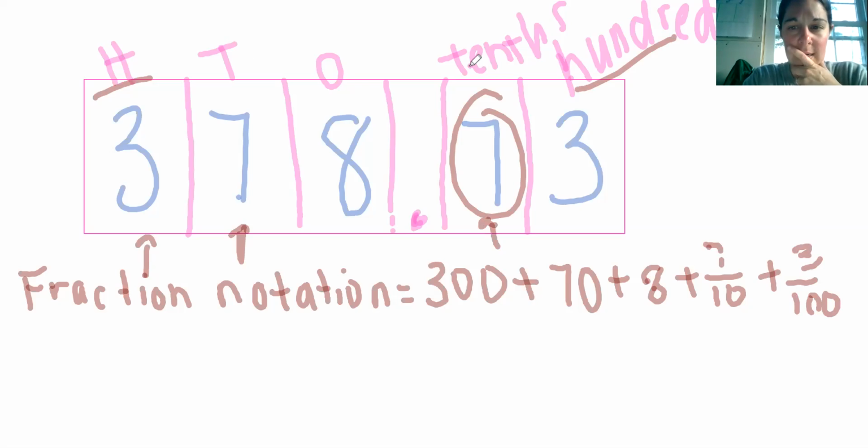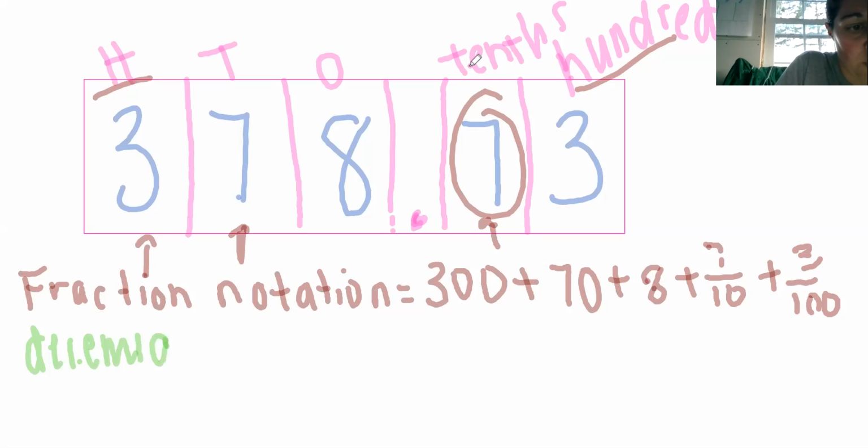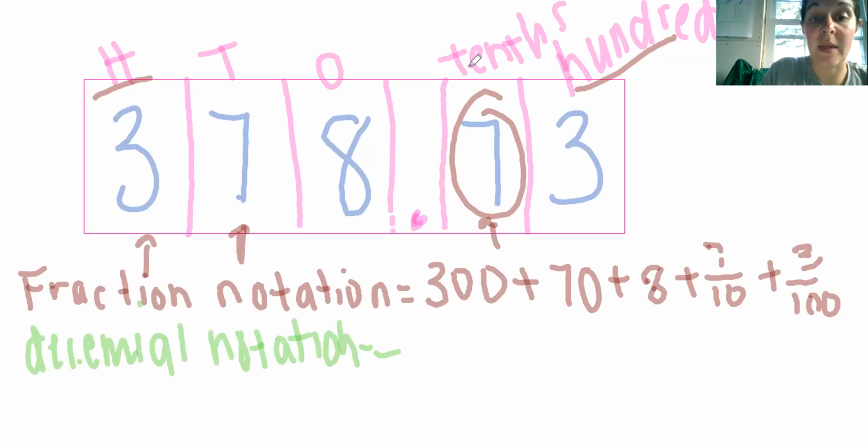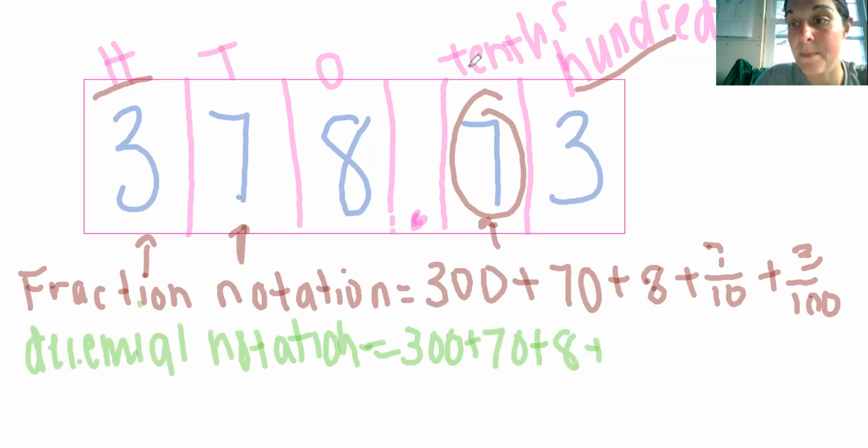How would I go about doing that in decimal form? Well, that's already done for me because it's already represented in my place value chart. So I'm going to call this my decimal notation. We're going to start in our biggest place value. Nothing's changing: 300 plus 7 tens, which is 70, plus 8 ones. But now instead of representing 7/10 as a fraction, I need to represent it as a decimal.